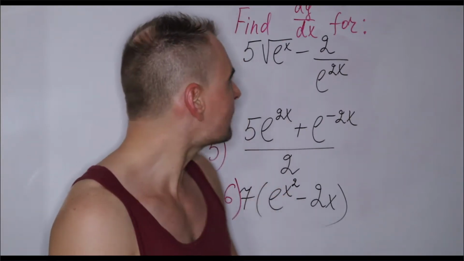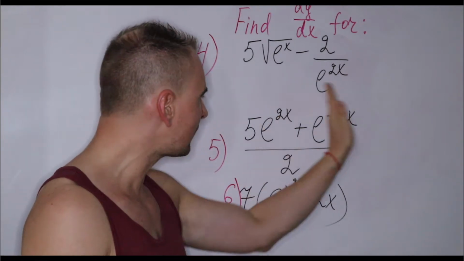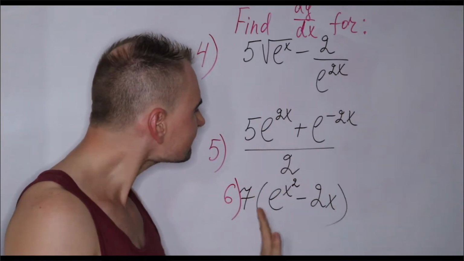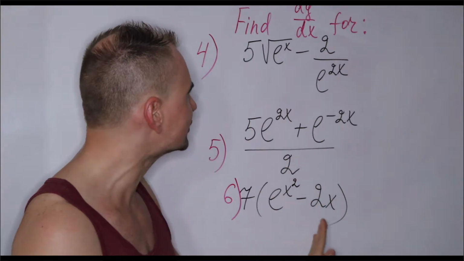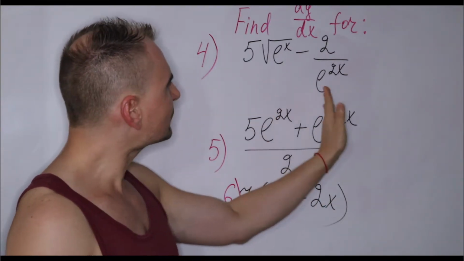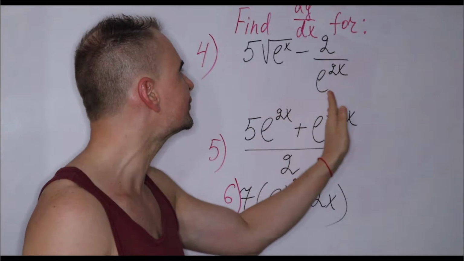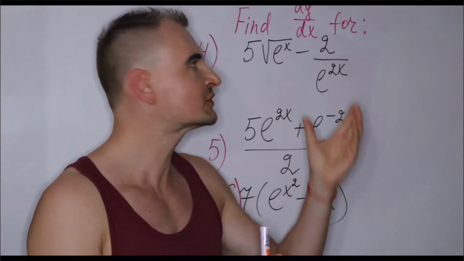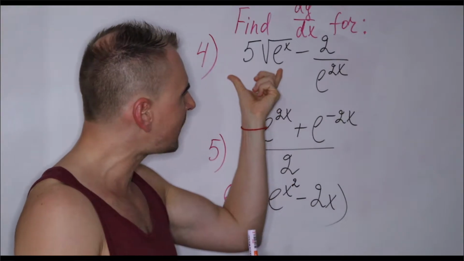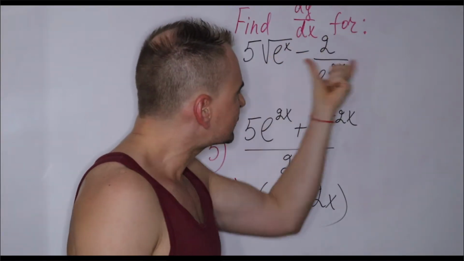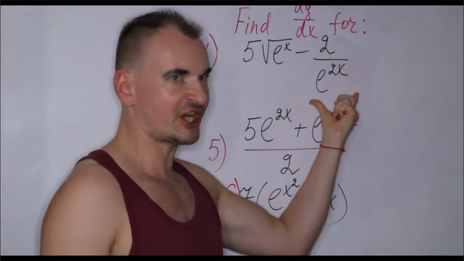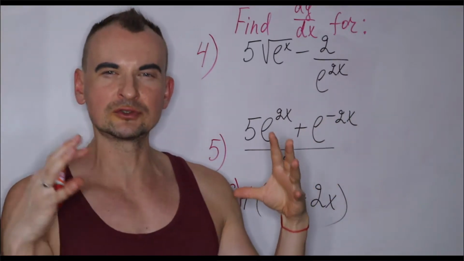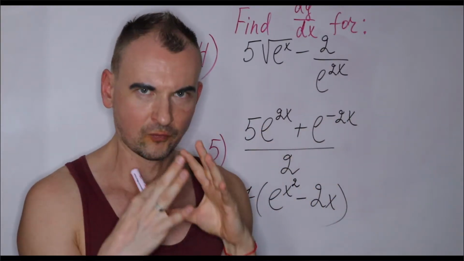Now today I'm going through all of these functions, all of these equations. For the first one, you are given two chunks being subtracted. The way you would handle this, you want to take the derivative of the first one, and then the derivative of the second chunk, one by one, and string them together for a full derivative.